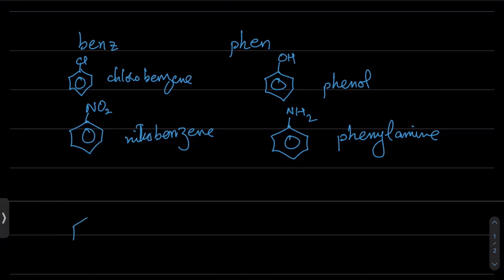Because when you have this thing attached to COOH, it's called benzoic acid. So I guess somebody just decided, some boomer, that this will be the name. And that's what we have. I don't know of a particular reason why one is fen and one is benz. Maybe it sounds good. Maybe.